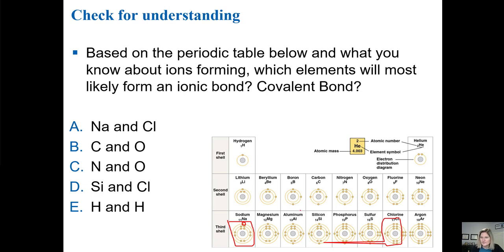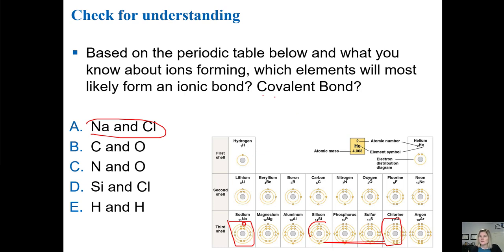Silicon is right here, chlorine's right there. Nope, same thing. There's 4 in silicon, looks like 7 in chlorine, so they're not going to want to give up their electrons. How about hydrogen? Nope. So looks like this one's the only one that will form a covalent bond, or excuse me, a hydrogen bond. Okay.